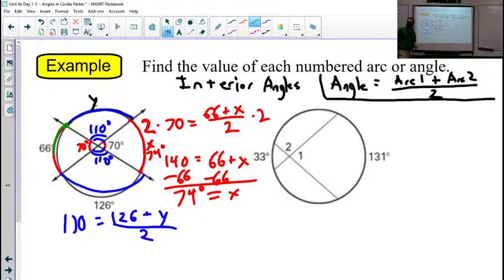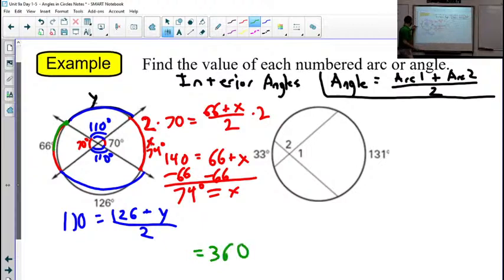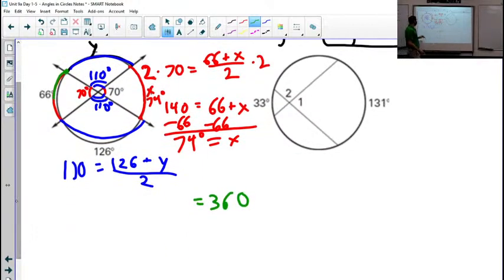And anytime I know all of the measurements except for one in the circle, then I can use the fact that all of the measurements in the circle, when put together, should be 360, because it's all the way around the circle. So again, I can use all the way around the circle is 360 degrees.